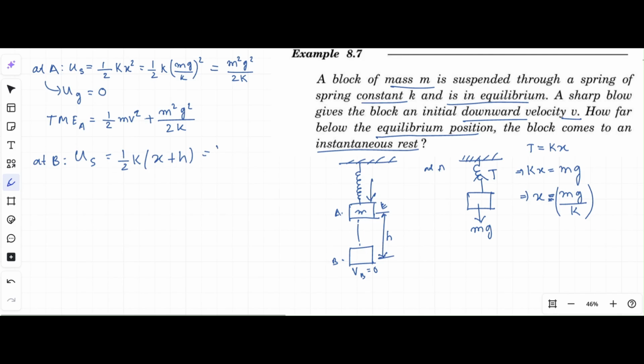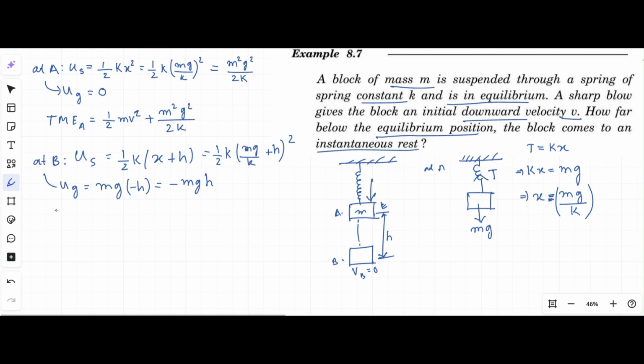So we can write it as half k times (mg by k plus h) whole square, since x is equal to mg by k. Now, what happens to the gravitational potential energy? Since it has descended, it becomes minus mgh.